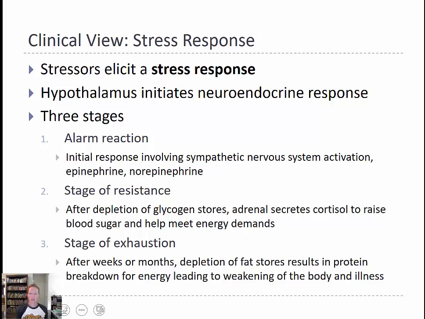So if you've kind of been stressed for a long time and if you feel like you're getting sick a lot, you probably are getting sick a lot because your body is in this kind of stress response. This will continue until, of course, the body is no longer alive anymore at that point. So that's the beauty of your stress response, right? So try and find ways to help your body deal with stress.